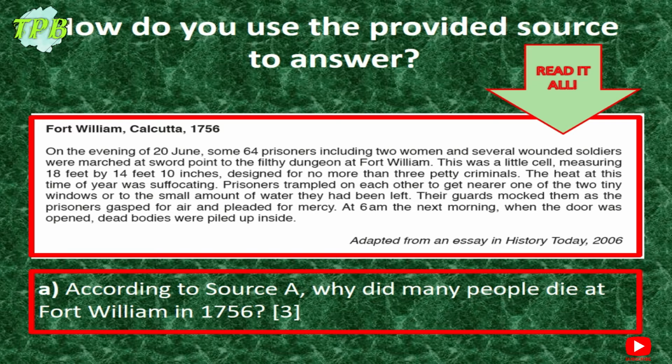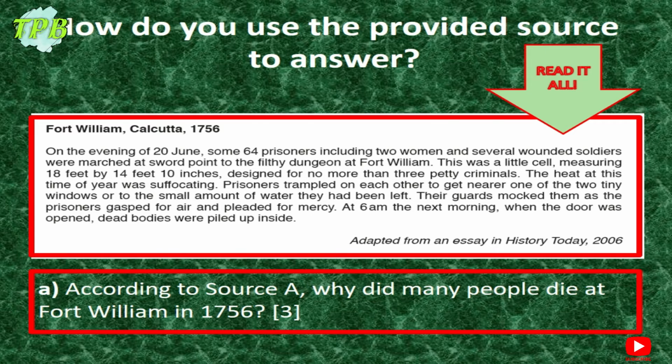Fort William, Calcutta, 1756. On the evening of 20th June, some 64 prisoners, including 2 women and several wounded soldiers, were marched at sword point to the filthy dungeon at Fort William. This was a little cell, measuring 18 feet by 14 feet 10 inches, designed for no more than 3 petty criminals. The heat at this time of the year was suffocating.